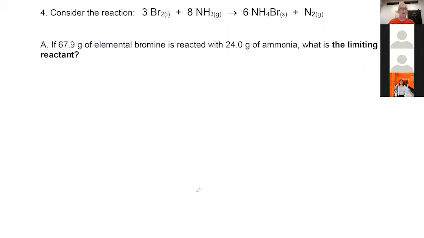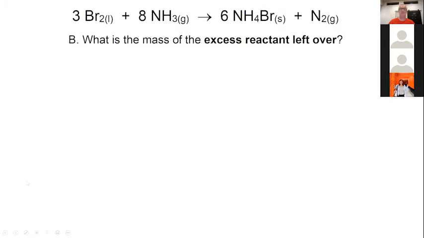The next part of the question is super mean. What's the mass of the excess reactant that's left over? Well, we know that the excess reactant is the ammonia because all the bromine's gone. So how are we going to figure out how much is left over?